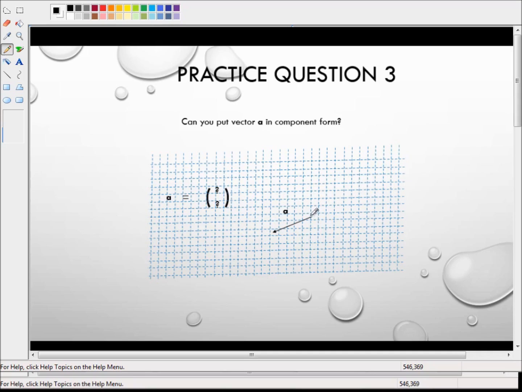So there's the tip of the tail. I'm counting 1, 2, 3, 4, 5 units to the left, and 1, 2, 3 units down. So A is equal to -5 and -3.